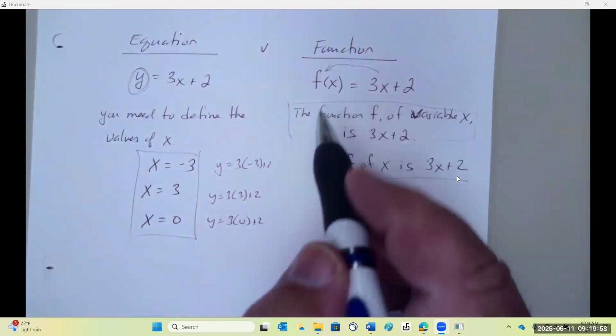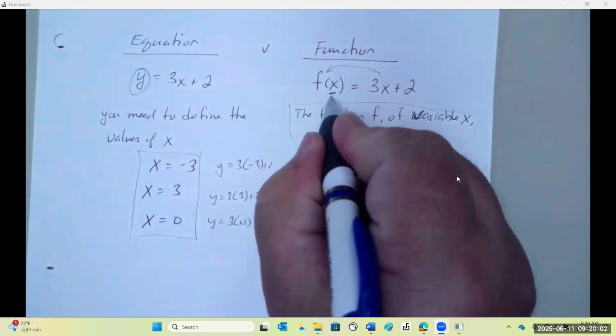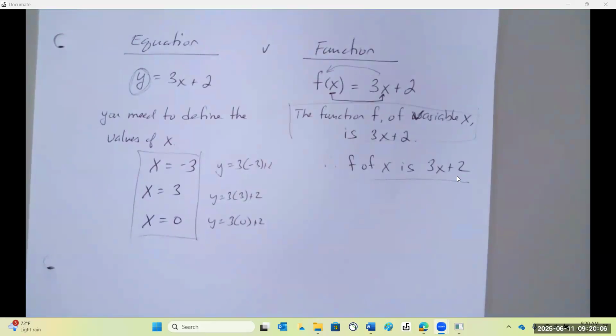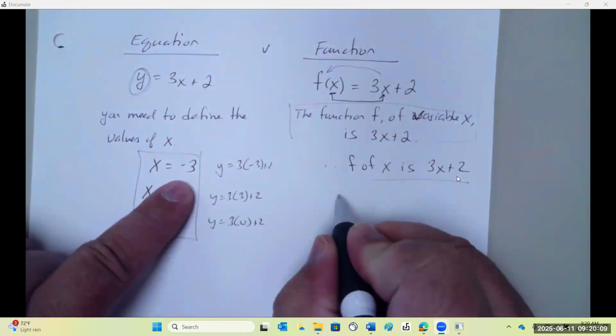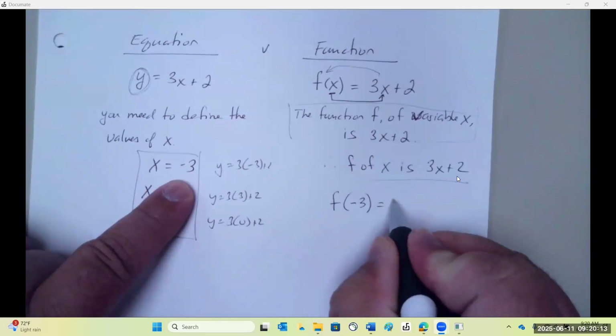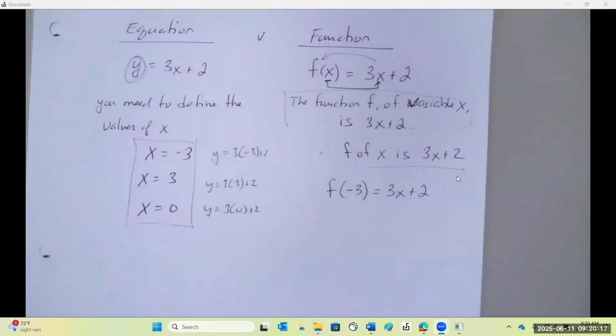Now, what this means is whatever's inside this parenthesis here, that defines that variable. So let's say, if I wanted to put negative 3 in there, I do that. You see how much less writing it is?